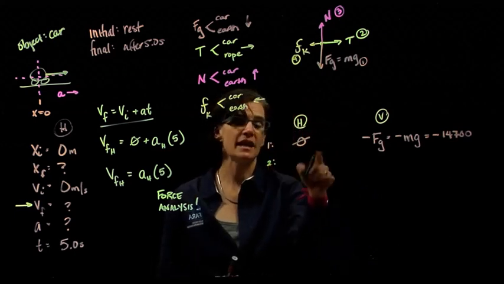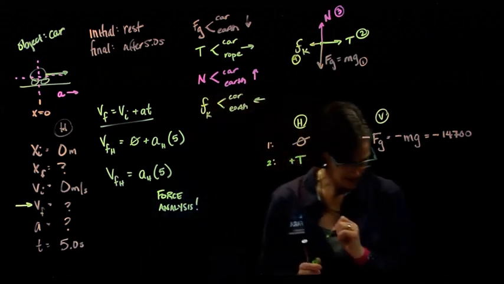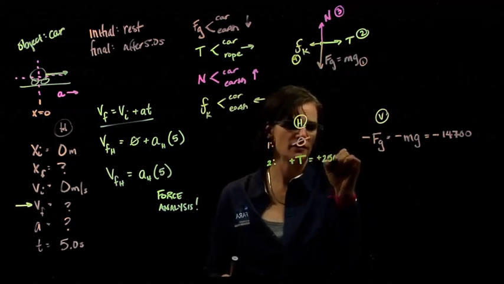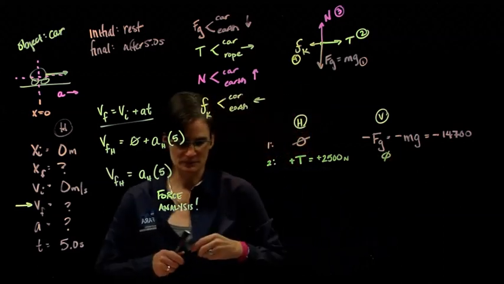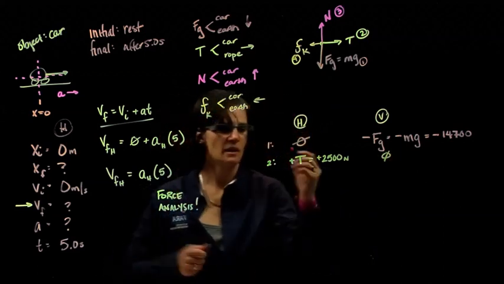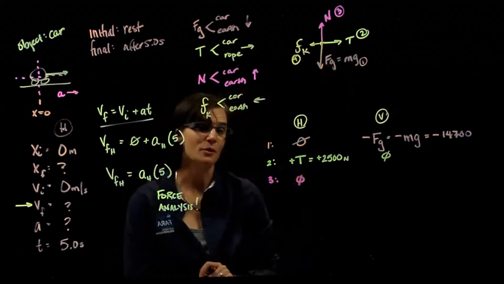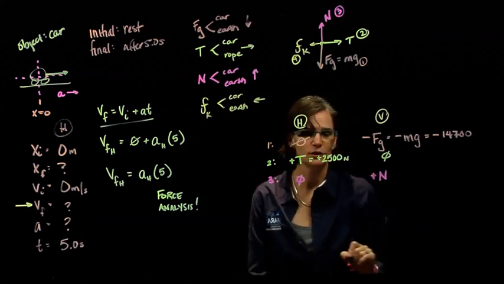All right, force number 2. Well, that's only acting to the right. It's a positive value. So positive tension. It tells me that the tension in the rope is equal to a positive 2,500 newtons. Nothing in the vertical direction. Force number 3, well, that's our normal force. In this example, there's nothing in the horizontal direction. And I have a positive upward force in the vertical direction.